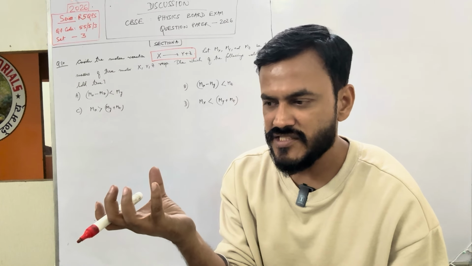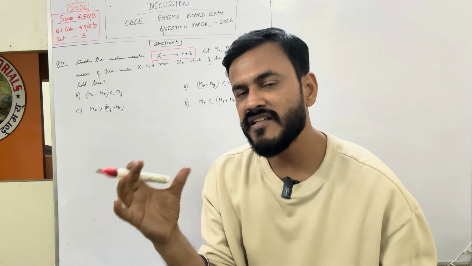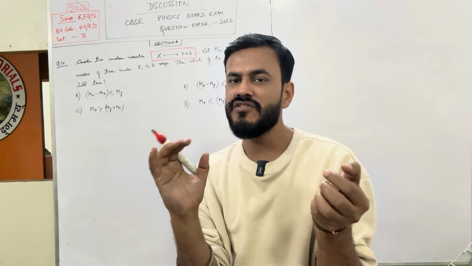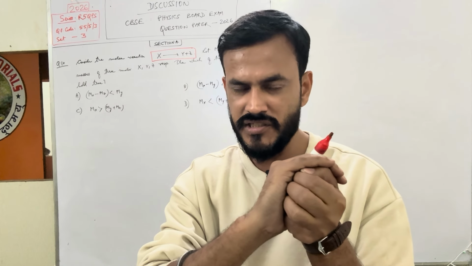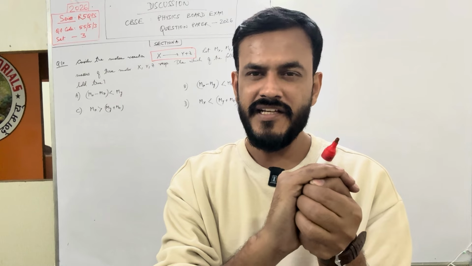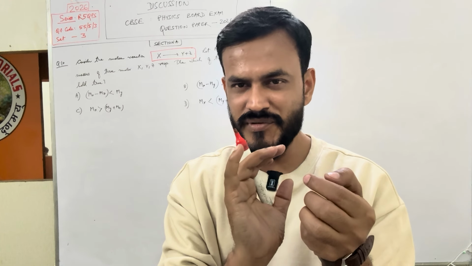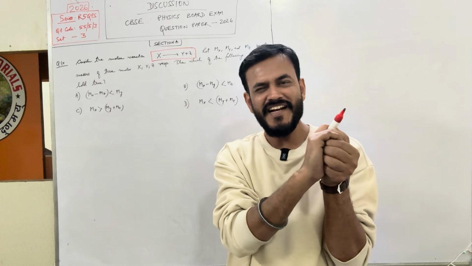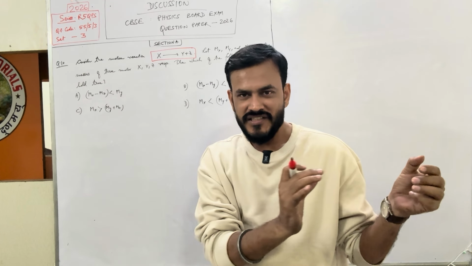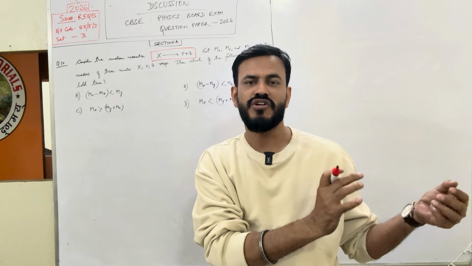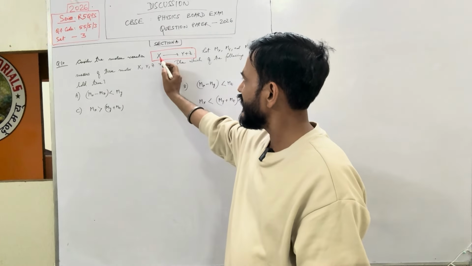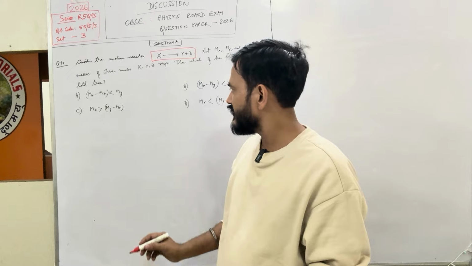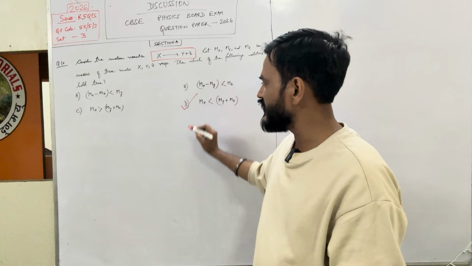The sum of the masses of the individual nucleons is greater than the mass of the combined nucleus, because when the nucleons get into the nucleus, there is binding energy. So due to binding energy, some of the mass gets converted to binding energy. So the composite nucleus is slightly lighter as compared to the component nucleons. So in this case, X should be lighter than the sum of the masses of Y and Z. The correct option is D only.